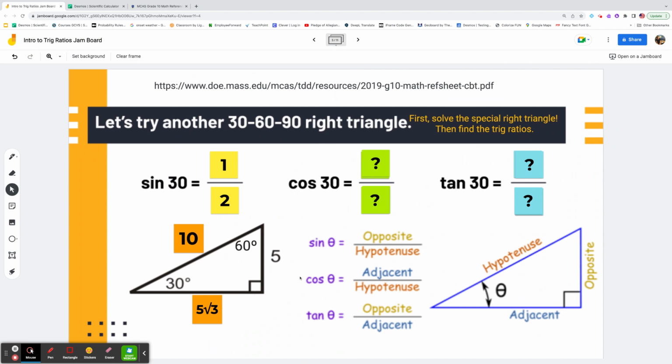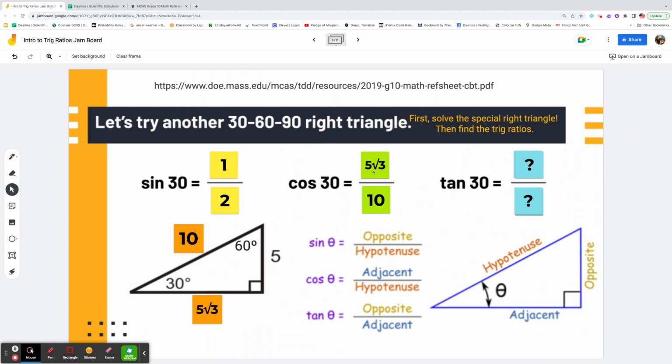Cosine of 30 degrees. Cosine is adjacent over hypotenuse. So here's our 30-degree angle. The hypotenuse is definitely 10. The adjacent side is 5 root 3. And then I look at this fraction, I realize I can simplify it because this coefficient 5 and this denominator 10, we can divide those numbers by 5.